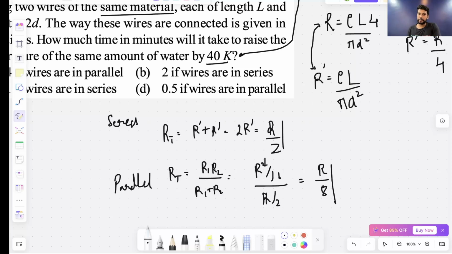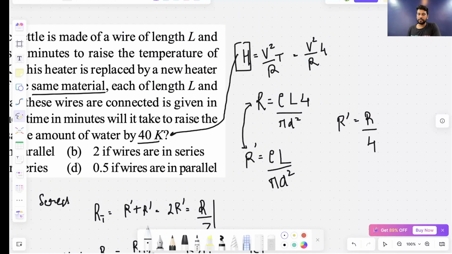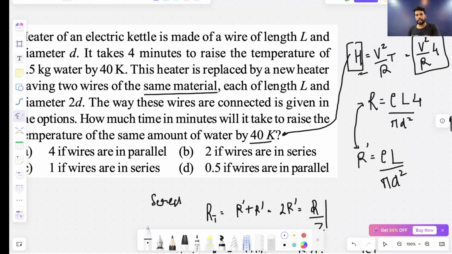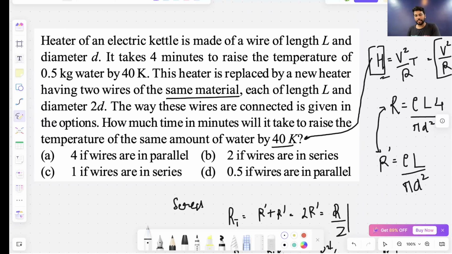Now you have a look here. What is my main goal? The main goal is how much time is required to get me this much of heat energy. Now I would say that both the heaters are working on the same voltage.